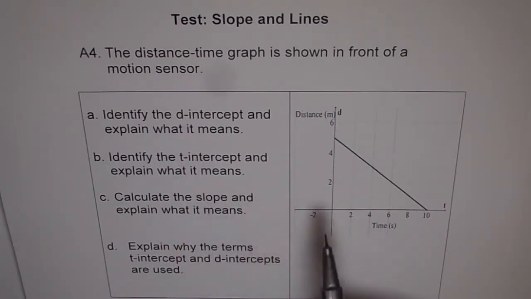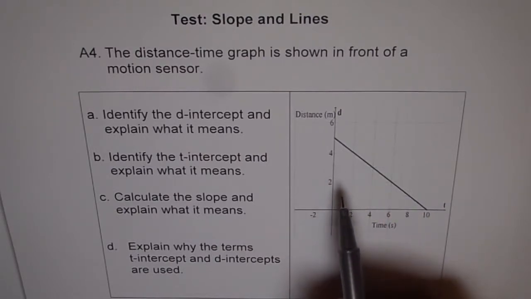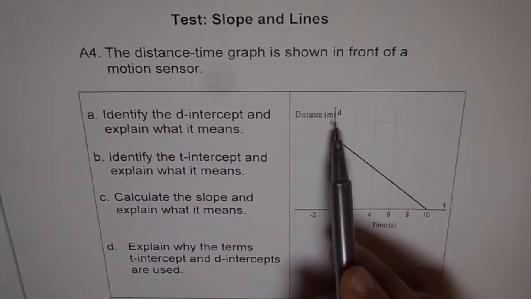The reason is simple. The x-axis is now changed to time, right? We are saying t is along the x-axis, the horizontal axis, correct? So we'll call it the t-axis, and the normal y-axis has been named as the distance d-axis, right?